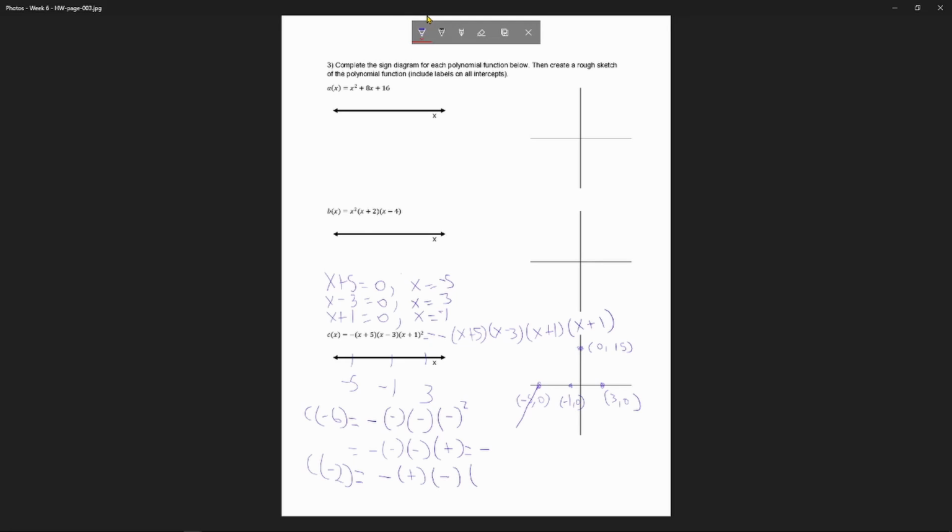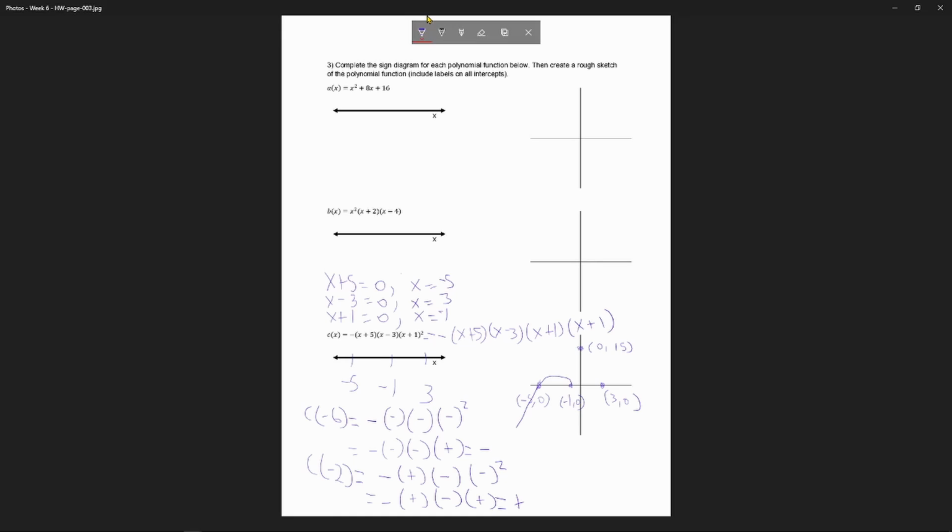And -2 plus 1 is a negative, but it is being squared, so that's going to turn into a positive. So we're going to have a negative times a positive times a negative times a positive. So basically, we're going to have two negatives here, which will turn this whole thing into a positive. So all the y values between x equals -5 and x equals -1 are all going to be positive.